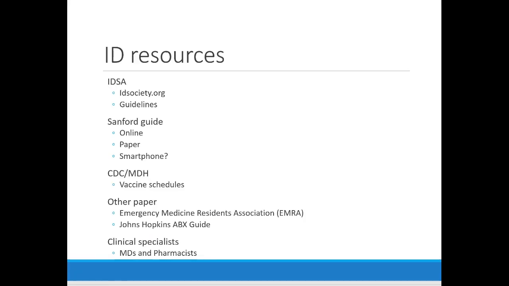Just some resources to go to on your own or in your practice if you're looking for some things to supplement this information with. IDSA is the more or less gold standard when it comes to infectious disease related guidelines. So if we're talking about community-acquired pneumonia or things like that, IDSA's published guidelines are sort of the end-all be-all.